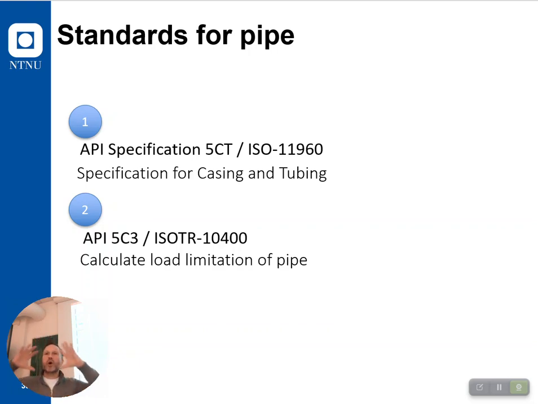Because let's face it, the OD is always the same. Always. Why? If it's larger, you can't fit it through your well, you can't get it down. So the OD has to be always the same. Where you have a variation is on the inside, the wall thickness. And that's what we did. The inspection company measured a minimum wall thickness.